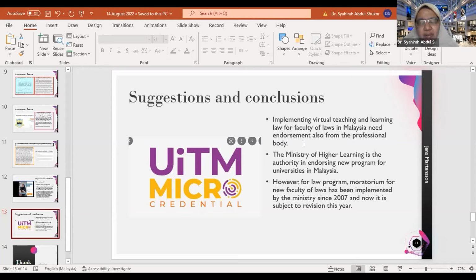And therefore, as the challenge, moving from pandemic to endemic, we have to look also at the issue of graduate employability, as it is also related to how the methodology of teaching and learning is delivered in the Faculty of Law in Malaysia itself.